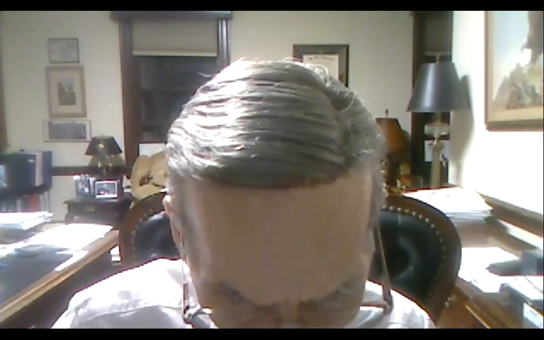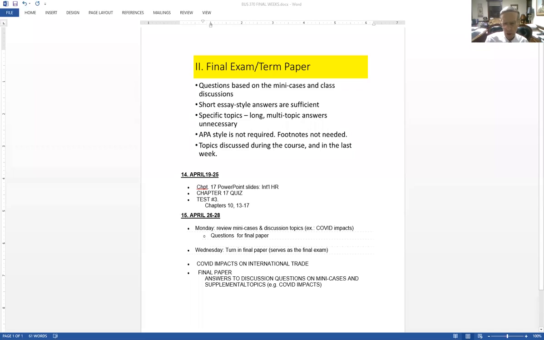And with that, let me bring up some exhibits that were in your Moodle shell. Apparently these exhibits in the Moodle shell were where the confusion arose. So the Roman numeral 2 final exam term paper was an exhibit and an orientation to the course in the very first week.